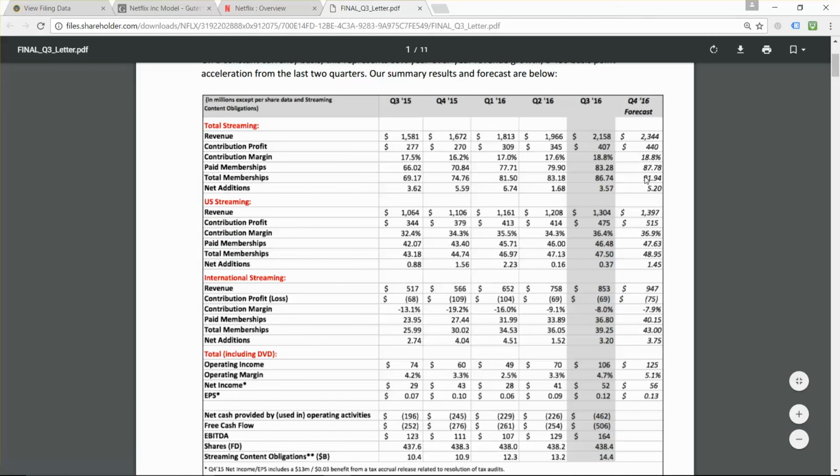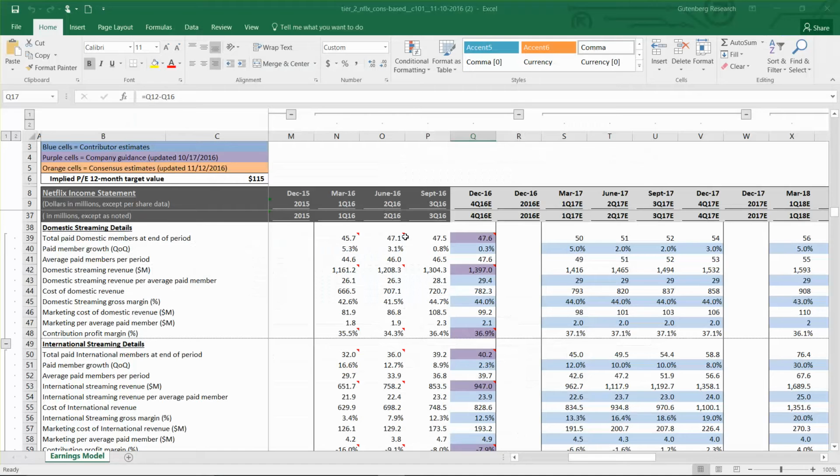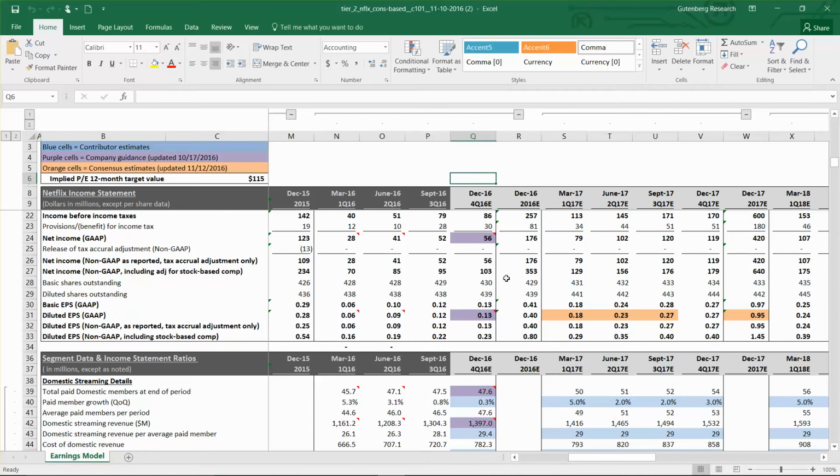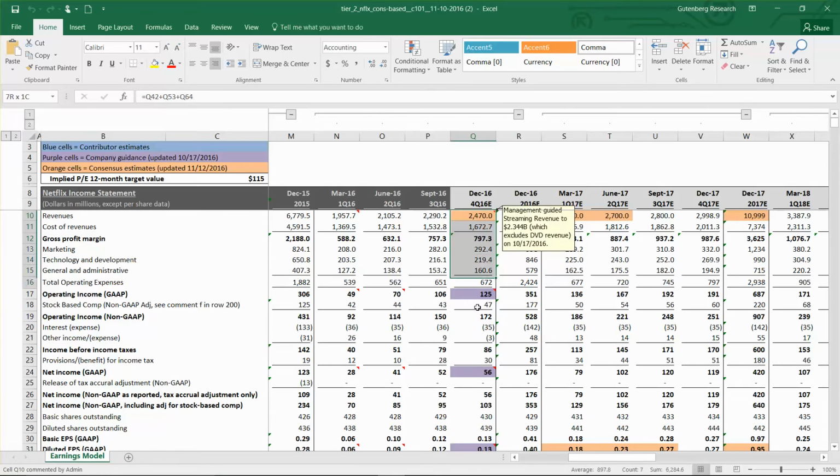They give guidance based on US streaming details, international streaming details, and then total operating income, operating margin, and net income and EPS, which includes the DVD business. Of course, they don't break out the DVD business because it's in decline at this point. They're not spending anything on marketing, so there are really never any big surprises, and it's not a huge contributor to earnings at this point.